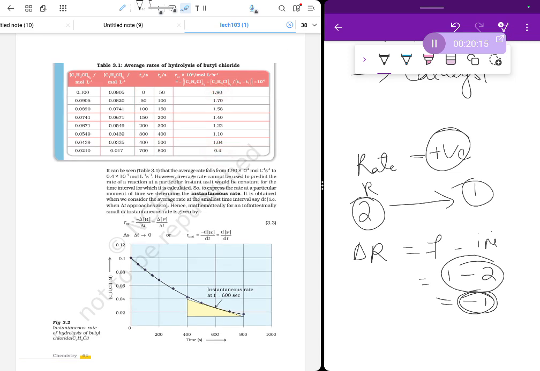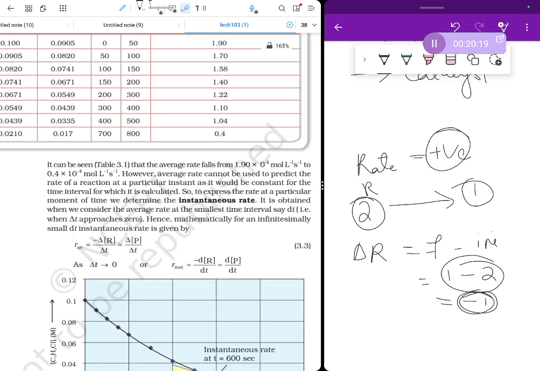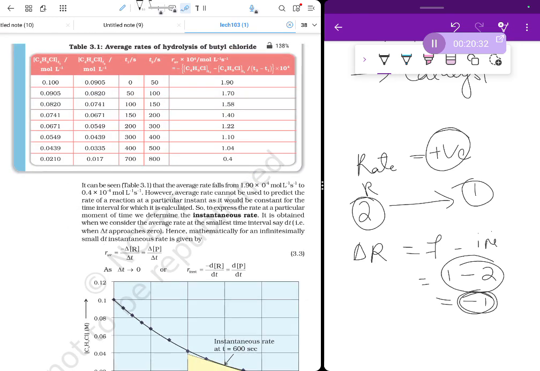However, average rate cannot be used to predict the rate of a reaction at a particular instant, as it would be constant for the time interval for which it is calculated. See, this particular time interval I am taking from 0 to 50, the average rate is this much only. For this time interval it will be this only, so it is constant over a time interval.